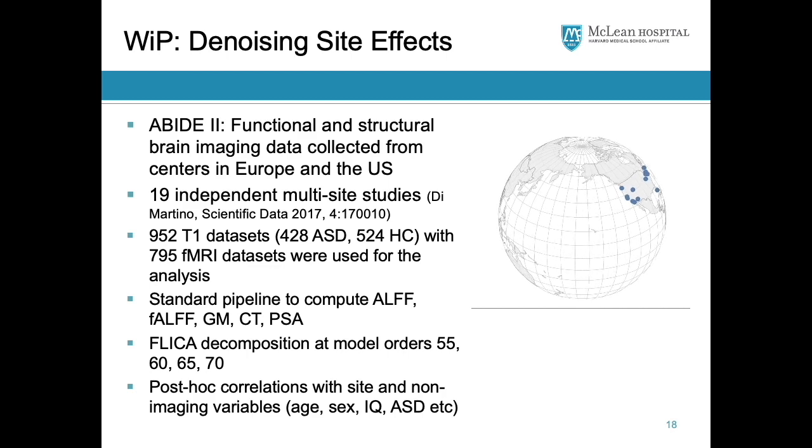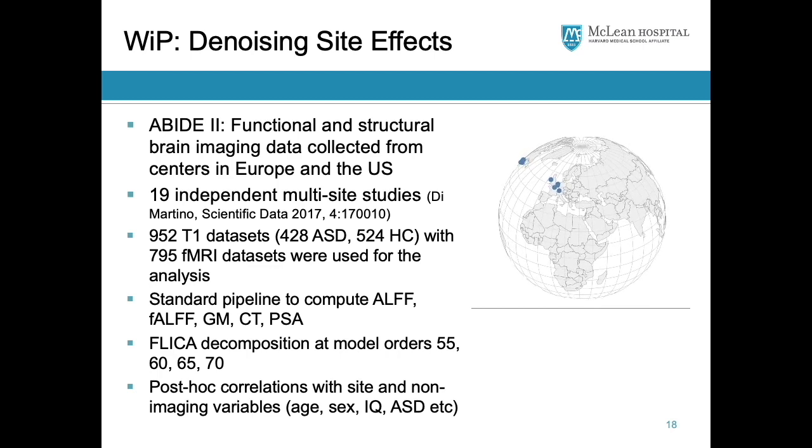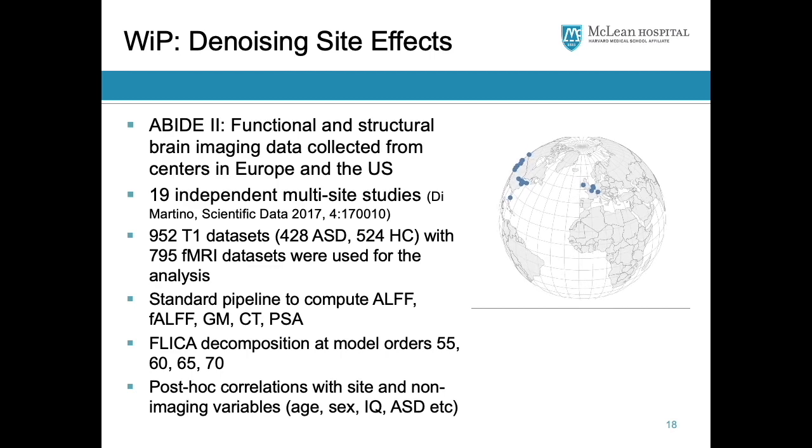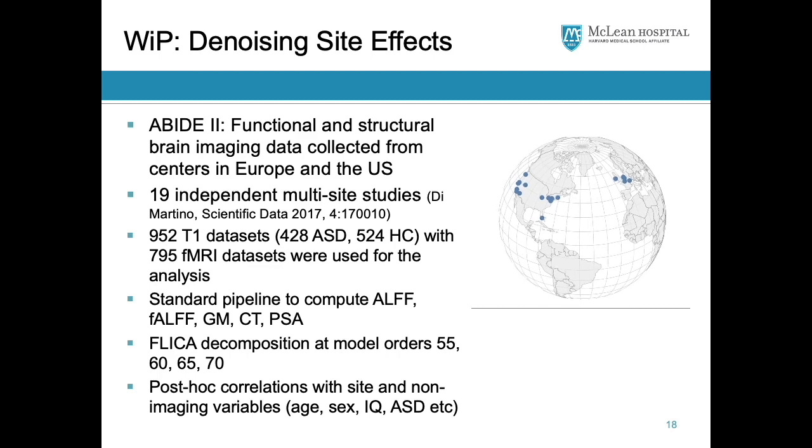And so she did data fusion of different modalities for fMRI, namely amplitude of low frequency fluctuations, fractional amplitude of low frequency fluctuations, gray matter concentration, cortical thickness, and pial surface area. She did a decomposition at several model orders and then picked one where the scanner side effects were best separated from the variables related to autism.